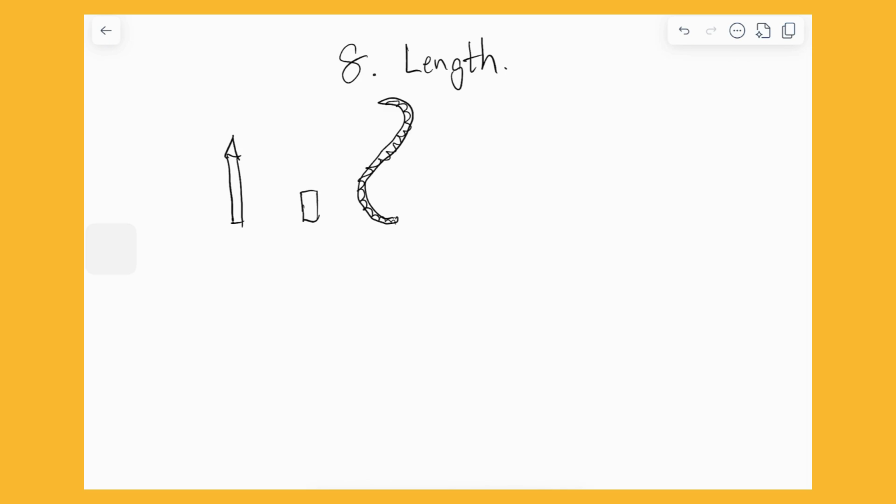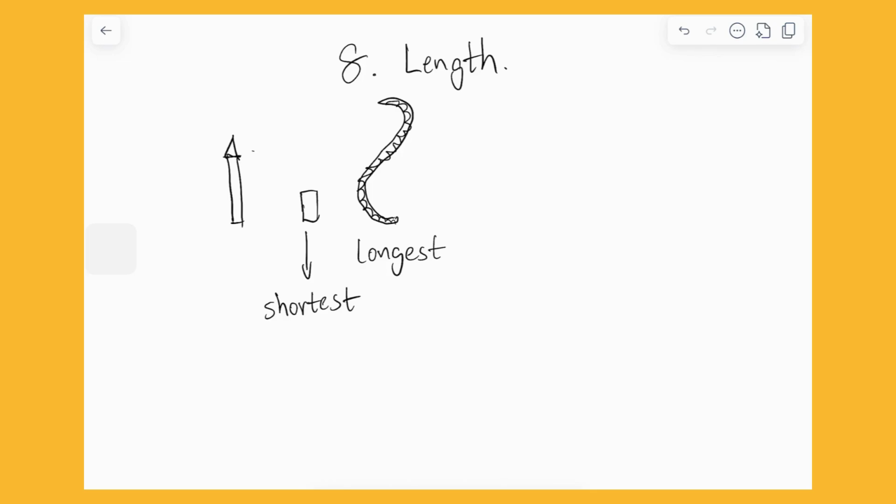Okay, so let's take a look at these 3 objects. So which one is the longest? The rope looks like the longest, right? And which one is the shortest? The rubber here is the shortest, right? Shortest.